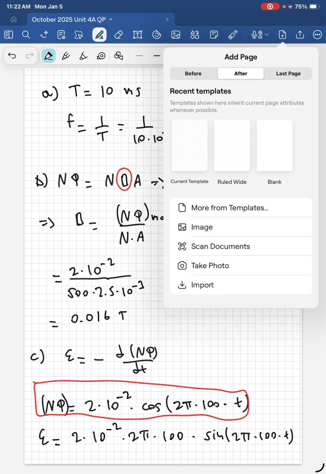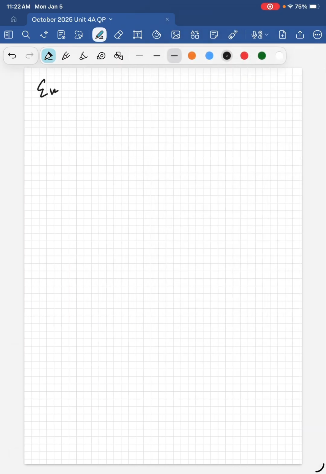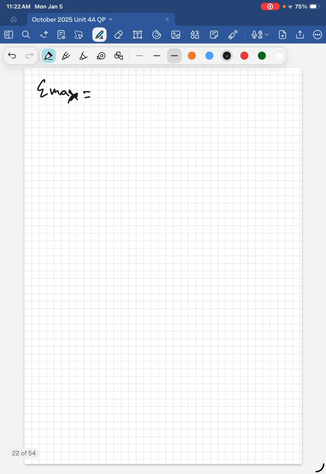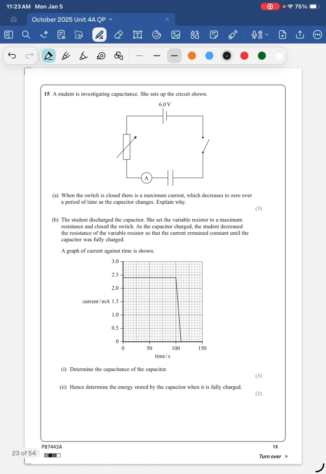Therefore, E max happens when the sine function, which only takes values between minus 1 and 1, has a maximum value of 1. So E max is simply 2 times 10 to the negative 2 times 2 pi times 100, which gives you 12.6 volts. Any comments? No, I think I'm good. We're going to move on to question 15.